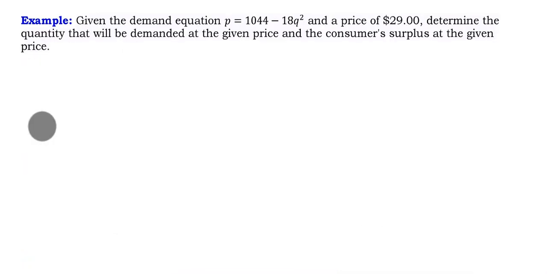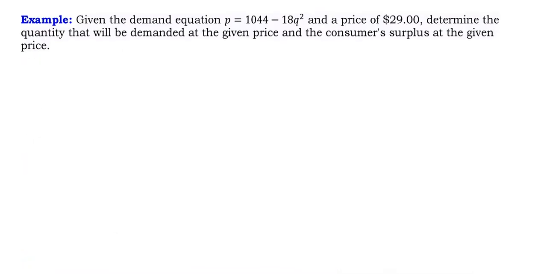Given the demand equation and a price of $29, determine the quantity that will be demanded at the given price. So first, we know what the price is. So 29 is equal to 1,044 minus 18Q squared.